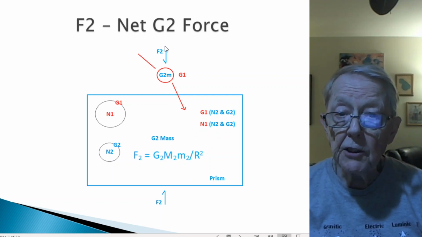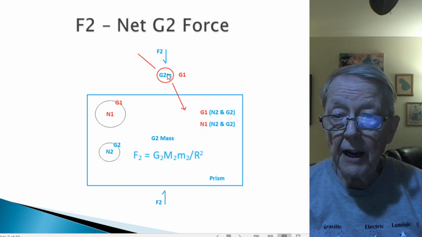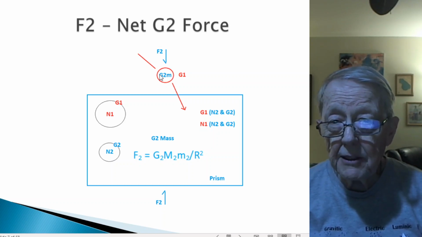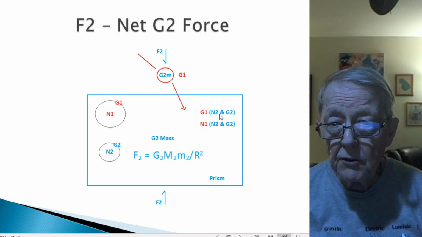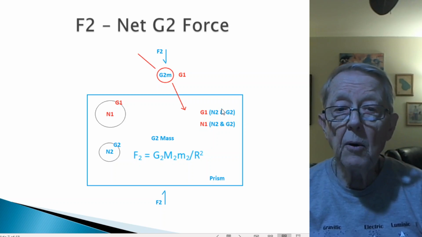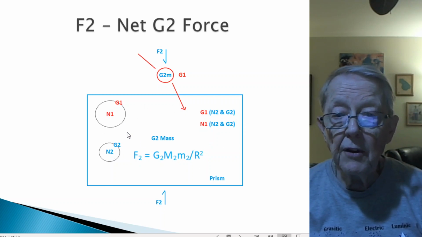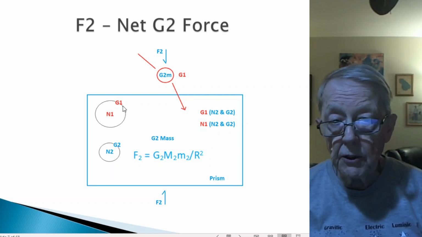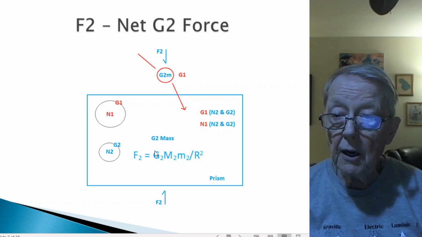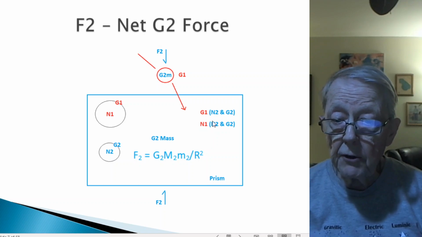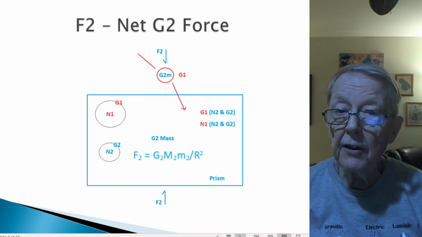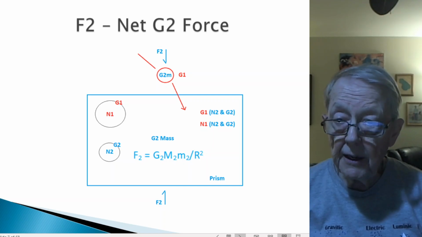But although this force hits the G1 and pushes it, when you get inside, it's really hitting the N2, and there are many, many more N2s in here than there are N1s or G1s. So the N2 becomes a dominant factor in the G2 mass of any object.